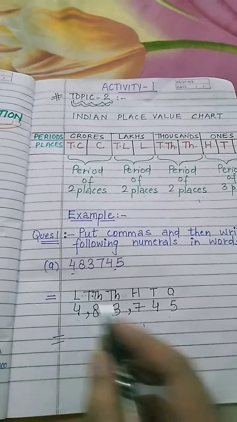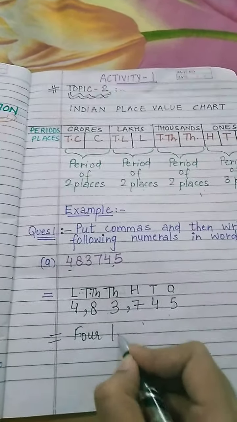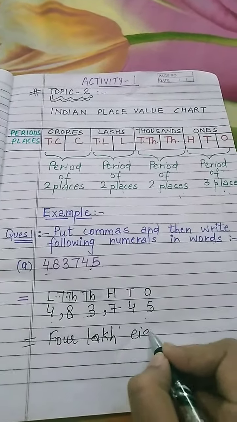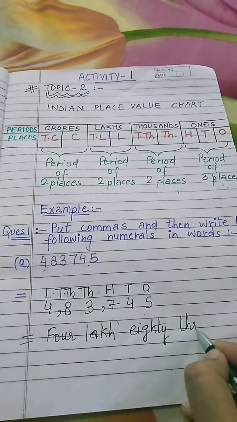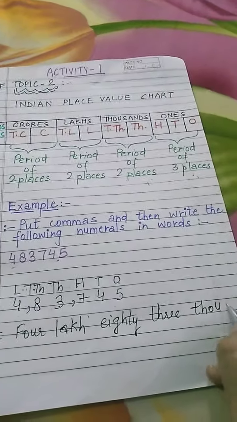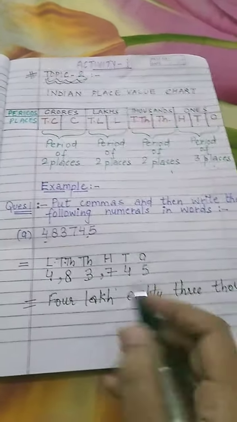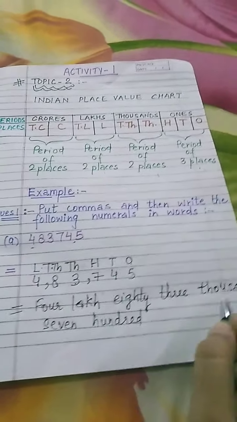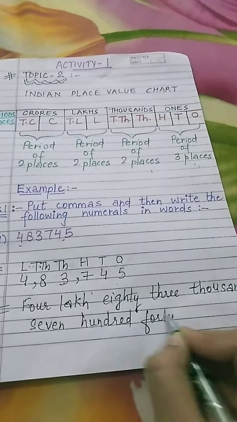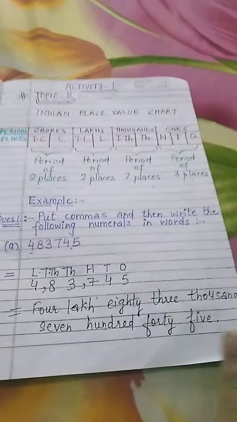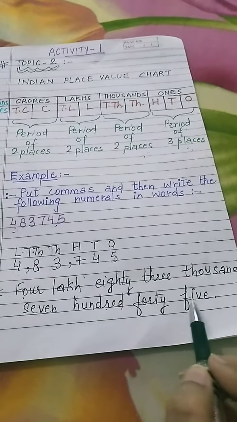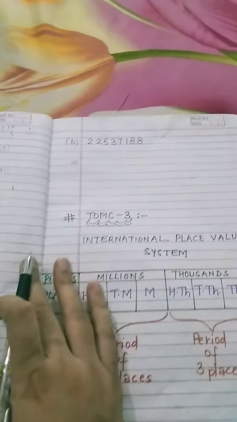So 4 is at lakh place, so we will write 4 lakh. 83 thousand, 745. So now I'm repeating it. 4,83,745.